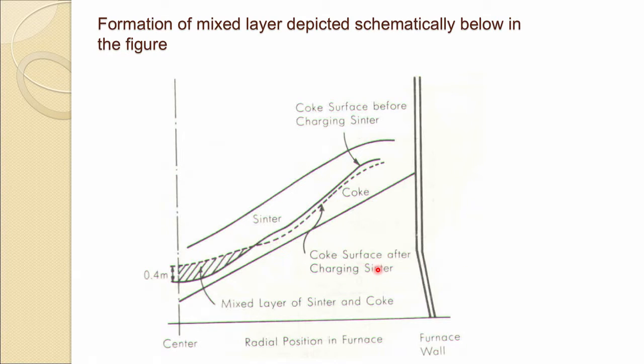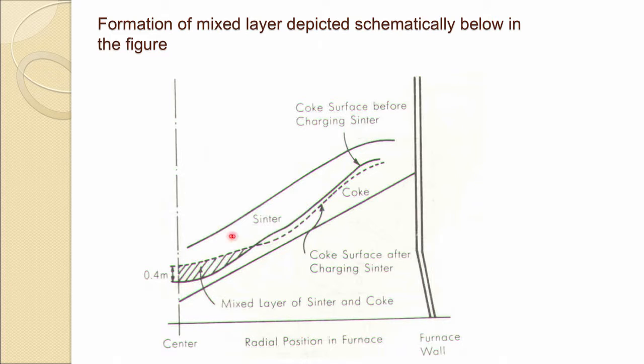Now, on the formation of a mixed layer: when you are charging the material, say on top of the coke layer you are charging the sinter, naturally at the impact point this coke will be displaced, which you have seen in the previous one. During the charging of the sinter with coke at the bottom, the previous profile of the coke layer was this. After charging the sinter, it became like this.